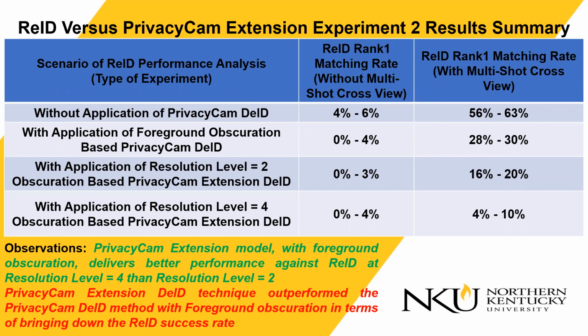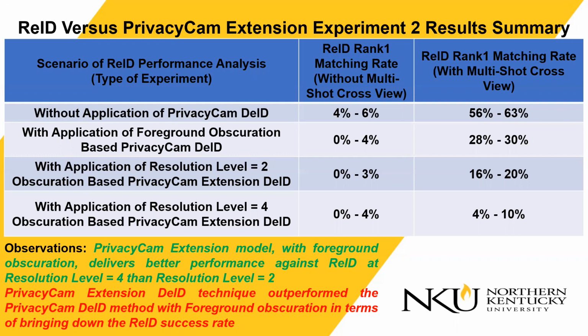That means an average of close to 59%. But if we apply the original privacy cam privacy filter, the de-identification technique with the foreground obscuration, then this ReID rank 1 matching rate drops to between 28% to 30%, which is an average of about 29%. And again, this is the multi-shot cross view, which is of most interest to us.